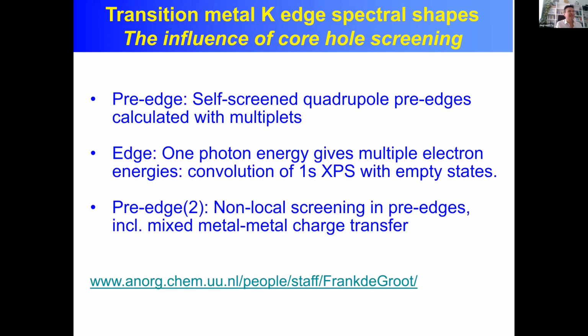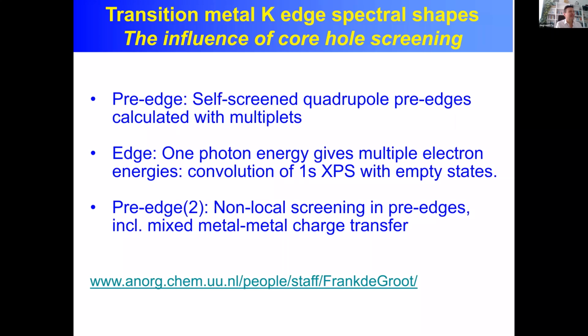If you go to molecular systems, then typically they will be very low symmetry, so you will have very strong dipole-quadrupole mixing. I did not go into that in much detail, but most of the intensity will shift to your real pre-edge. So the non-local peak might get lower intensity.